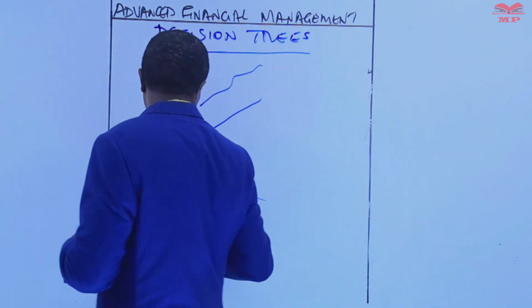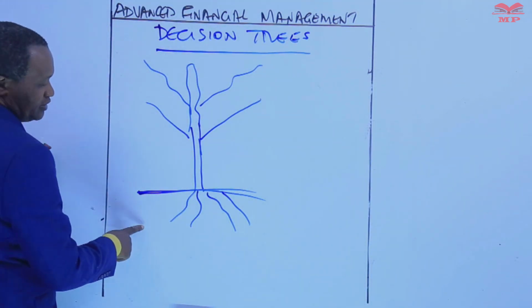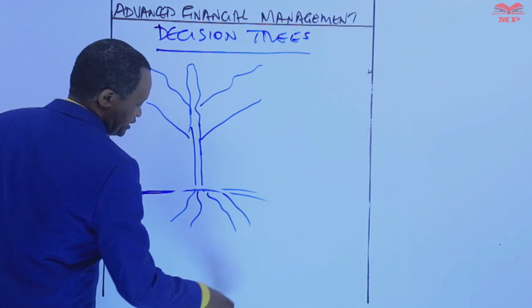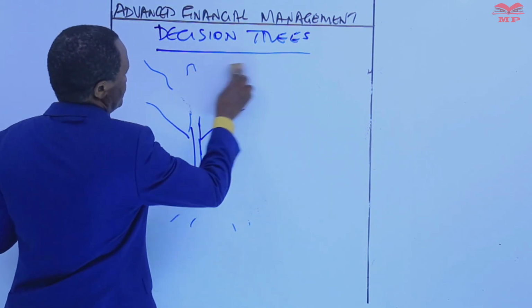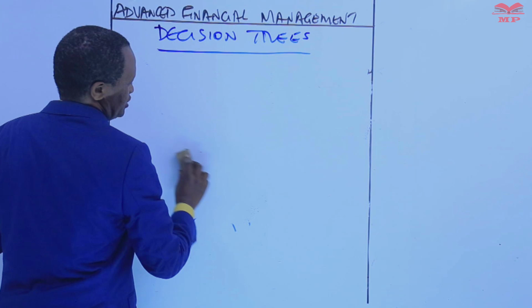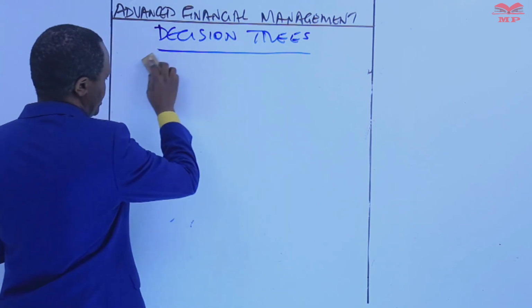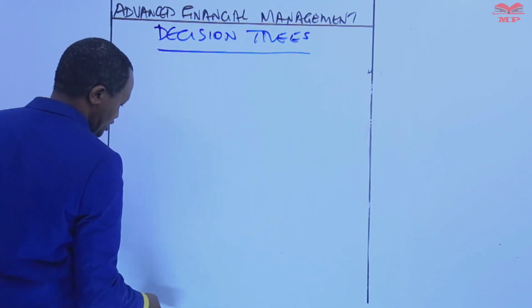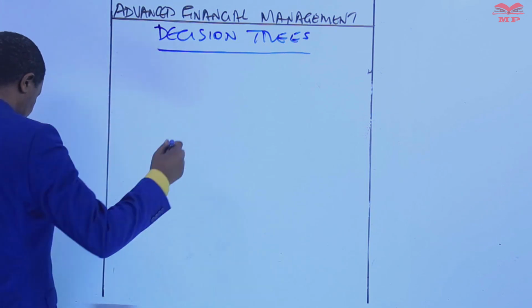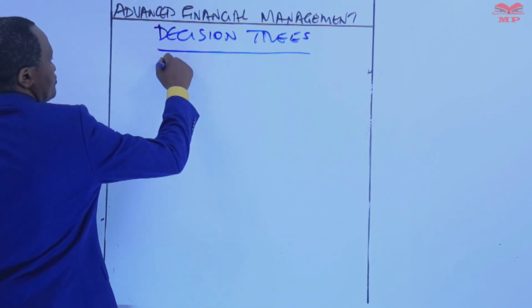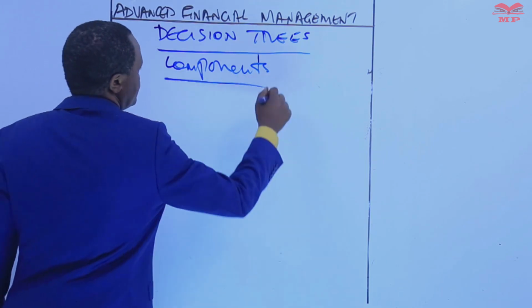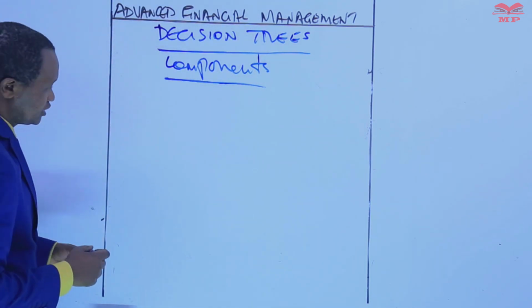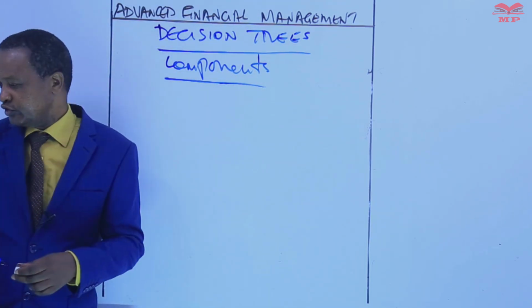Just the same way a natural tree has roots, a decision tree has a root node. What are the components of a decision tree?